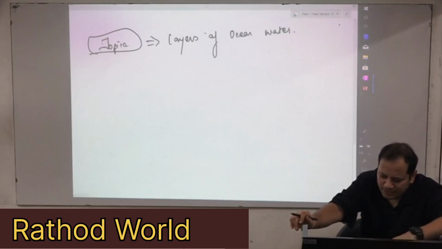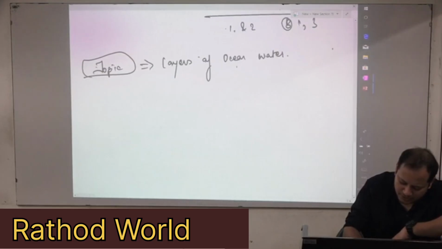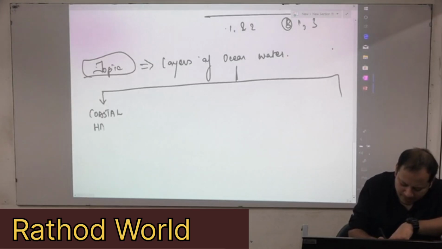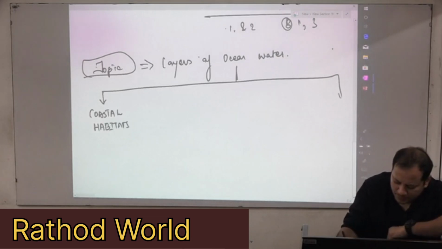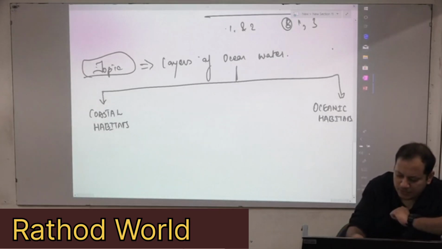Can I say the oceanic zones or the layers of the ocean water can be divided into two: coastal habitats and oceanic habitats.